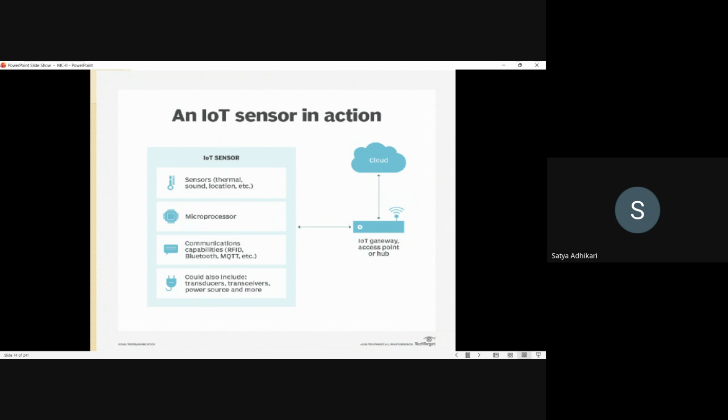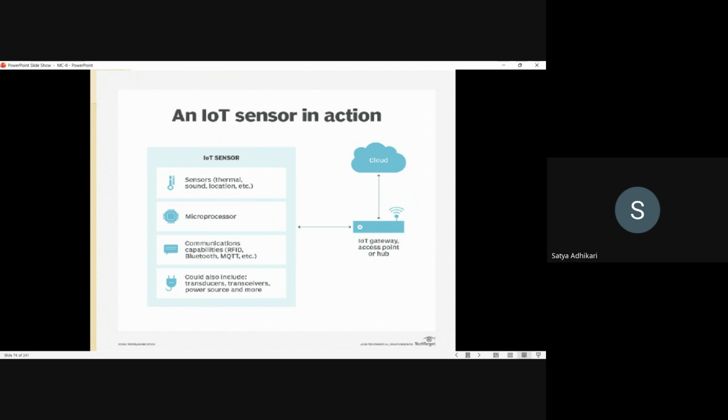It contains a microprocessor, and besides that, some communication capability, either Bluetooth, RFID, or MQTT. So these are some communication capabilities used. Infrared, cloud. It also includes some transducers, transceivers, or power source, and more.